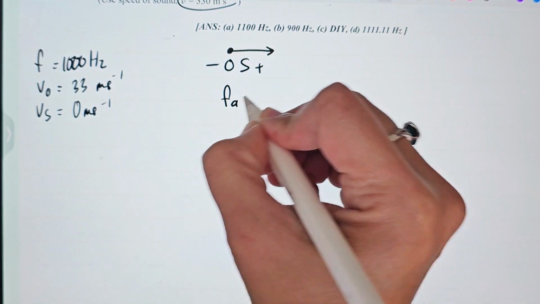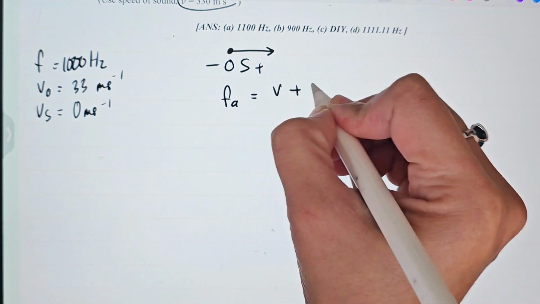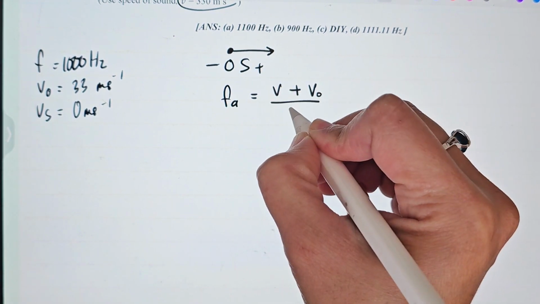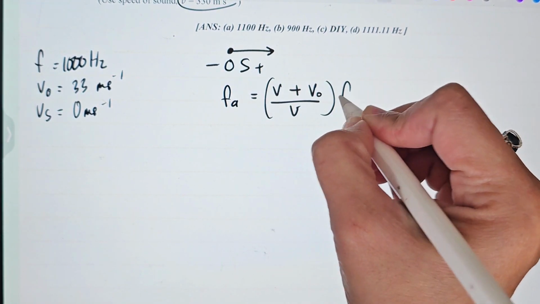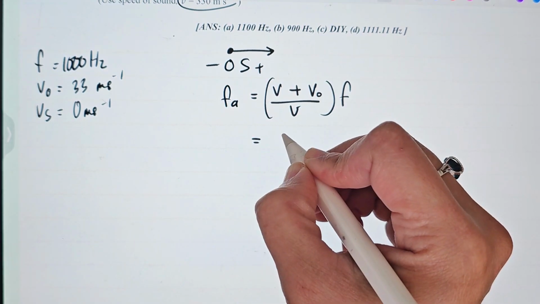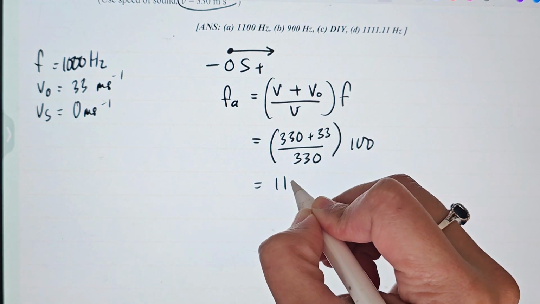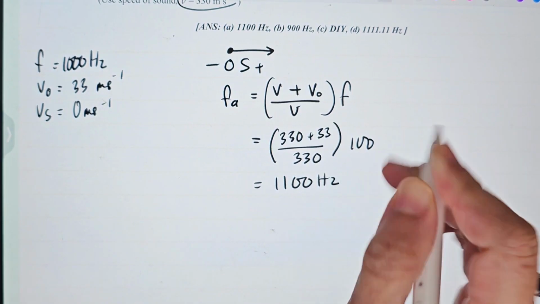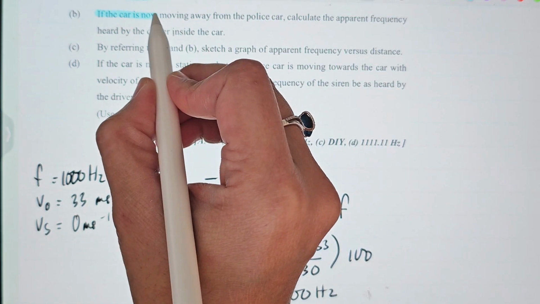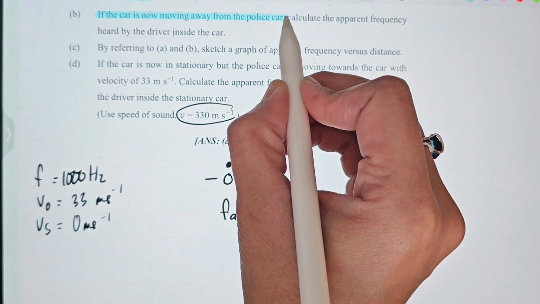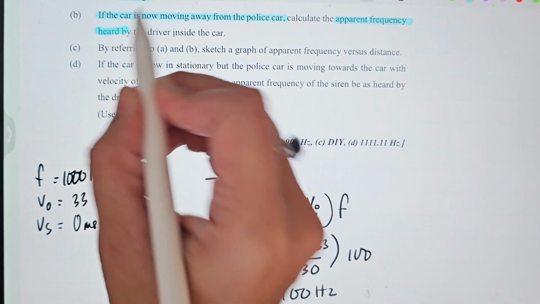Hence, our equation: Fa equals (V plus Vo) over V times F. Then we're just going to substitute. And the answer is 1100 Hz.